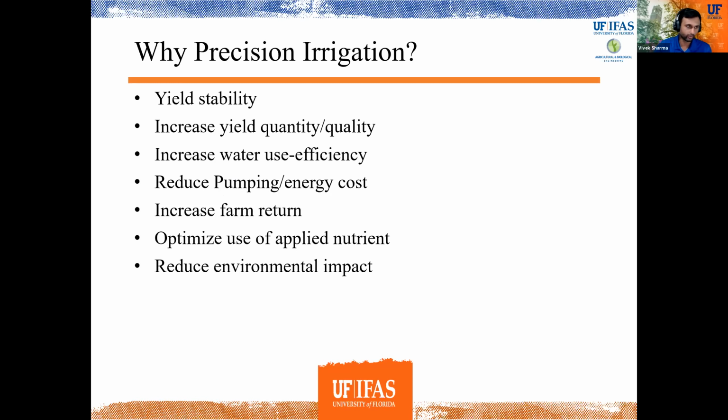And in Florida, as I mentioned before, irrigation and nutrient application are so tied together. By optimizing the irrigation, we are also optimizing the nutrient application, reducing nutrient loss from the field, either by runoff or by nutrient leaching, which can reduce the environmental footprint.